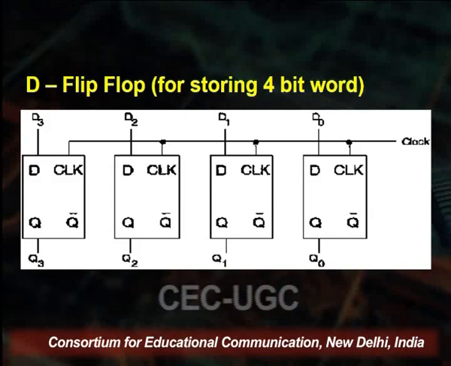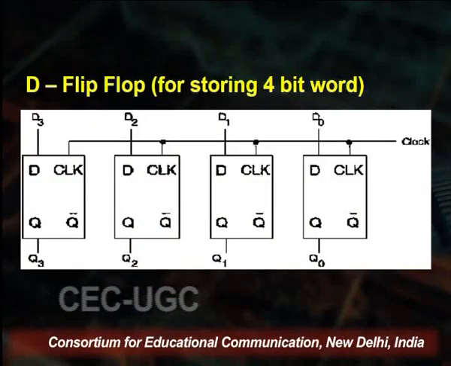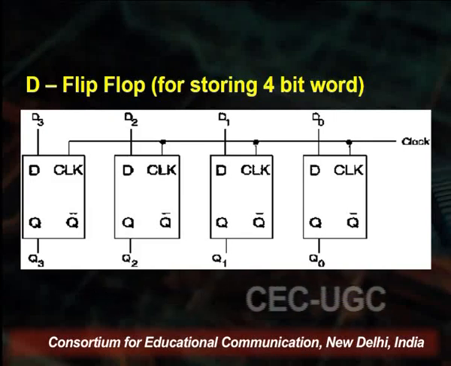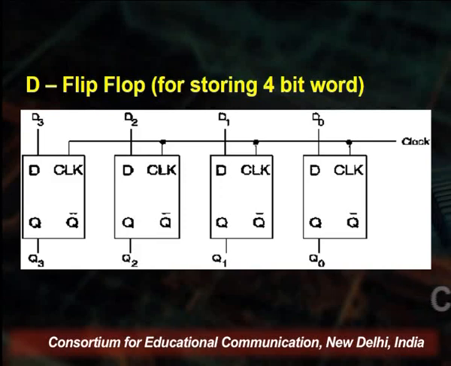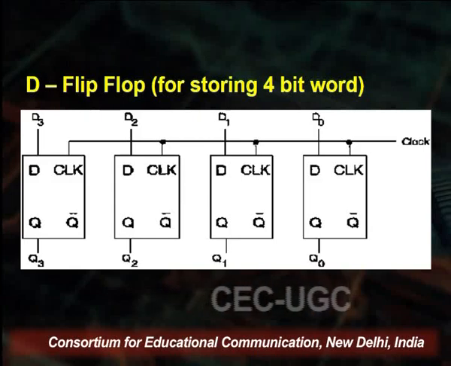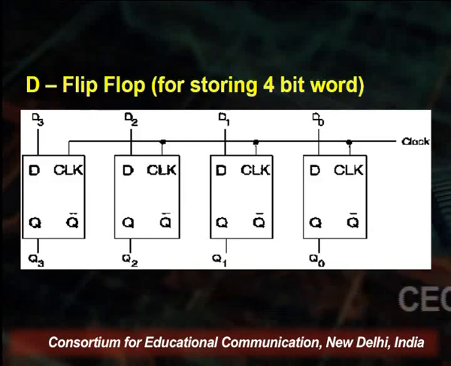So initially, we make the output of the 4 D flip-flops 0, and hence we have Q3, Q2, Q1 and Q0 equal to 0, 0, 0, 0. After making them all zeros, we make the clock 0. Now these 4 bits are stored in the D flip-flops till the time we want to make a change.